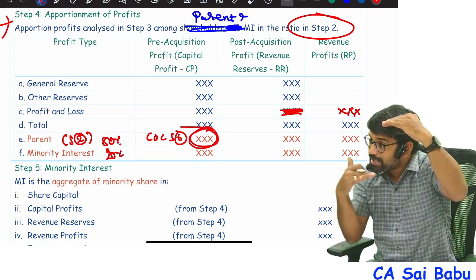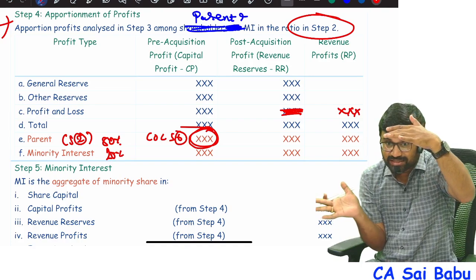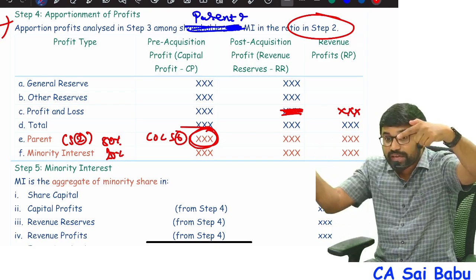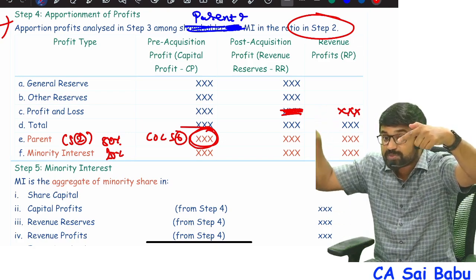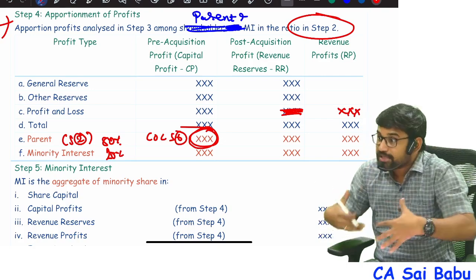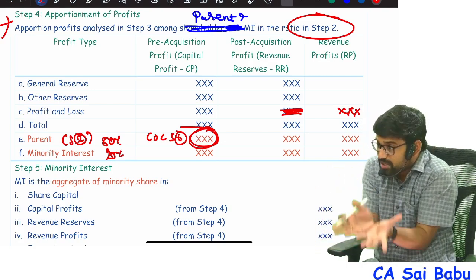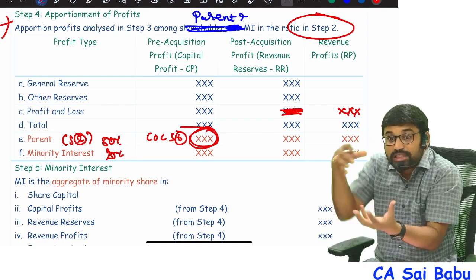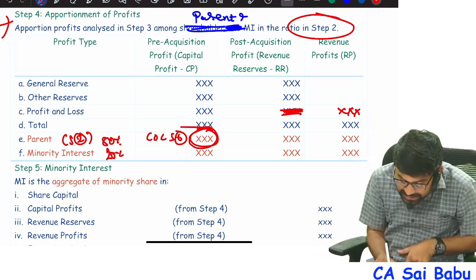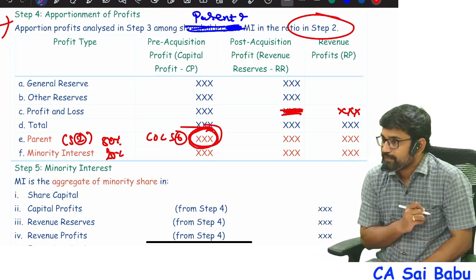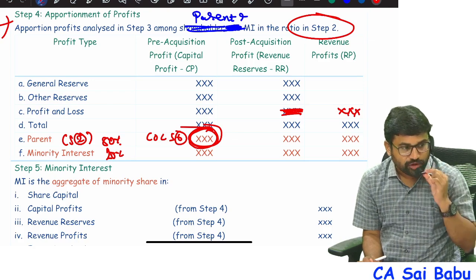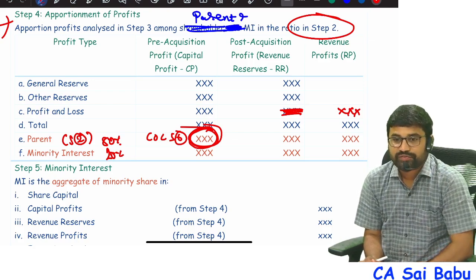Cost of investment is compared with the share of net assets, which are represented by share capital plus reserves and surplus. On the date of acquisition, whatever the reserves and surplus are there in the subsidiary, they are basically what? Pre-acquisition. By the time you are acquiring the subsidiary, whatever the reserves are there, they are all pre. In that pre-acquisition profit, as a parent company, what is your share? That will be adjusted to the cost of investment.